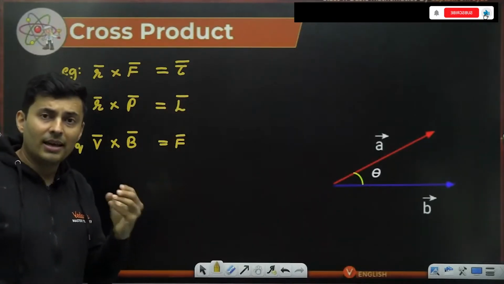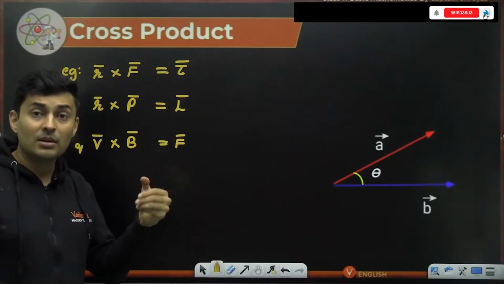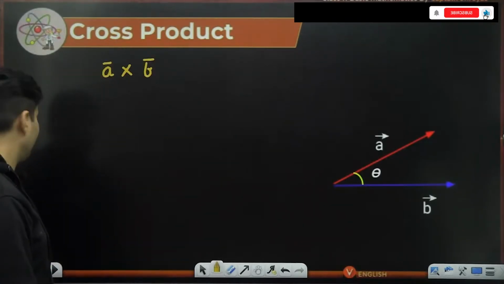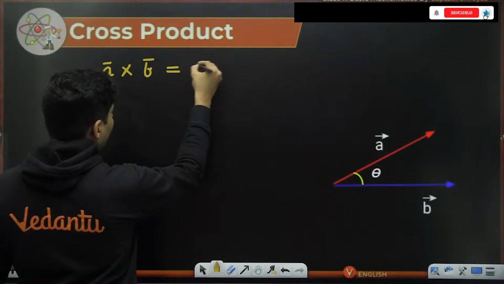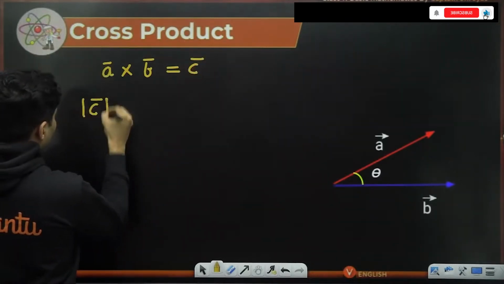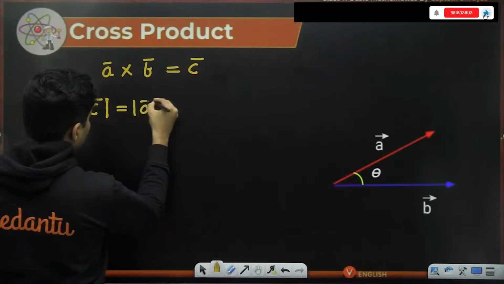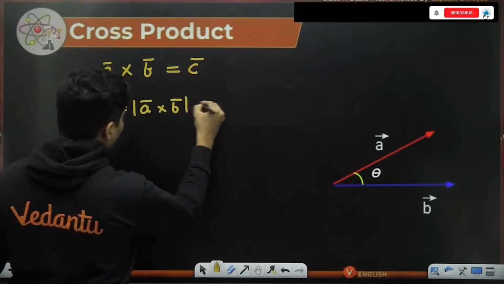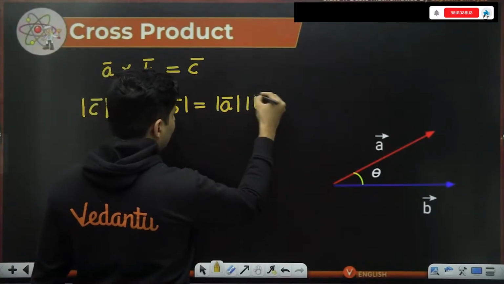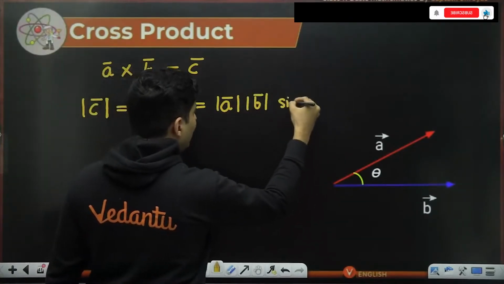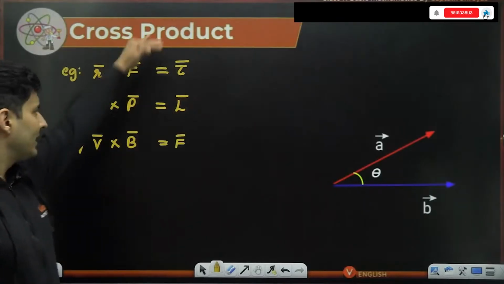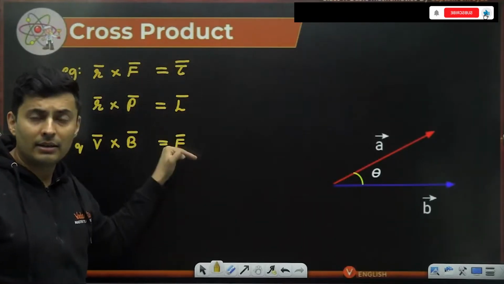Every time there are certain observations which were made and some peculiar pattern was followed. They saw that every time you multiplied two vectors where the outcome was a vector, the magnitude of that vector, which is C, always was first vector's magnitude, second vector's magnitude into sine of the angle between them. Not cos, it was sine. Everywhere that was the common trait which was found.